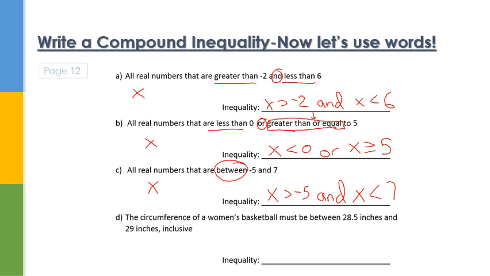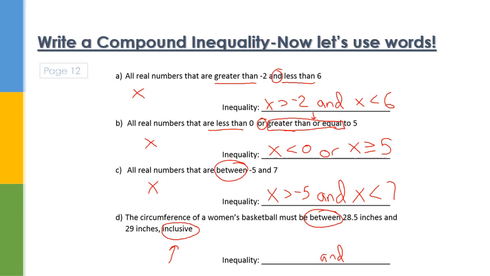All right. One key word I'll talk about in this next one. The circumference of a woman's basketball must be between. So we're talking about between here. We're thinking and, between 28.5 inches and 29 inches. This word right here, inclusive, means you're going to be using a greater than or equal to or less than or equal to for this. If it didn't have the word inclusive, we would be using a greater than or less than.